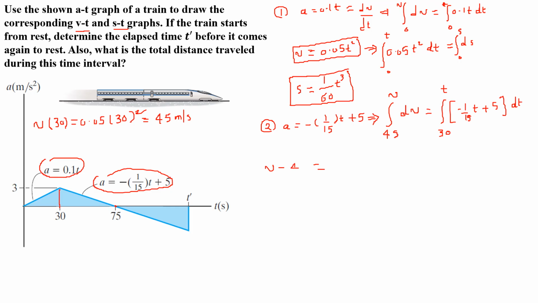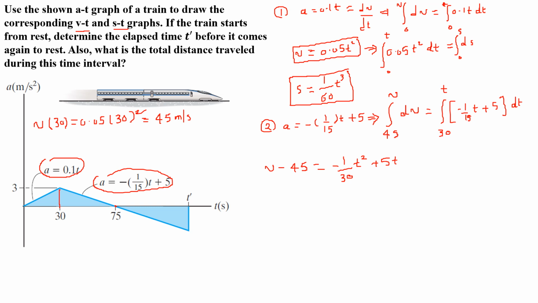So v minus 45 equals minus 1 over 15 t. So the integration of this will be minus 1 over 30 t squared. Okay, then we have plus 5t. And now this is the first.